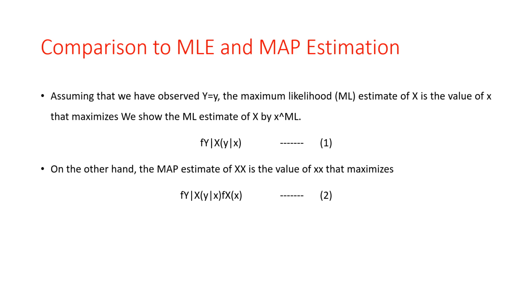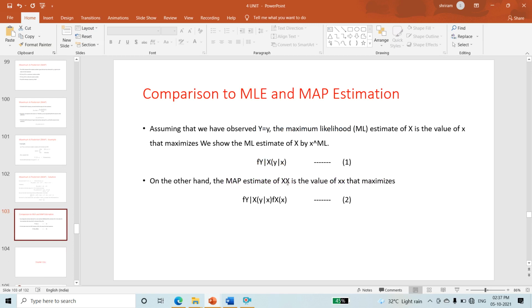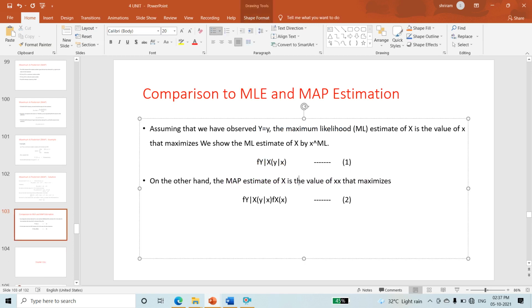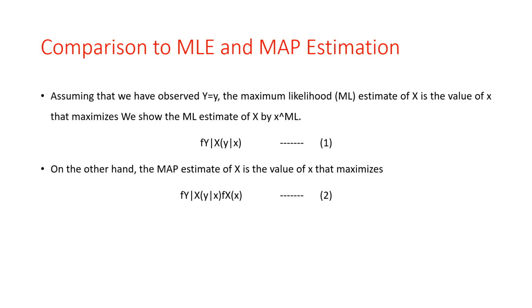On the other hand, the MAP estimation of x is the value of x that maximizes this. So the two expressions, the first equation and the second equation, are somewhat similar. This one is for MLE and this one is for MAP.